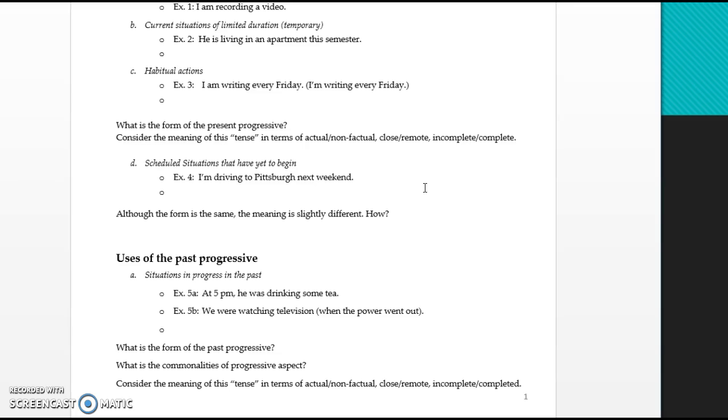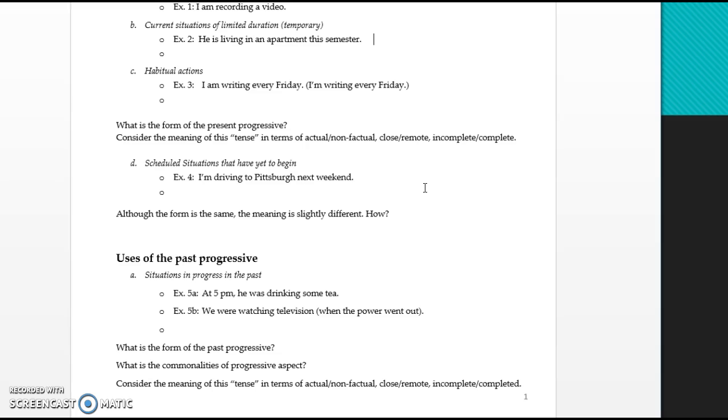This is why we say that tense and aspect are not very closely connected to time, because we can see that this hasn't happened yet. This is going to happen probably in the future, but we can't say for sure. What if I break my foot and I end up not driving? So this is a little bit of a different example, but it has that same form, present progressive.